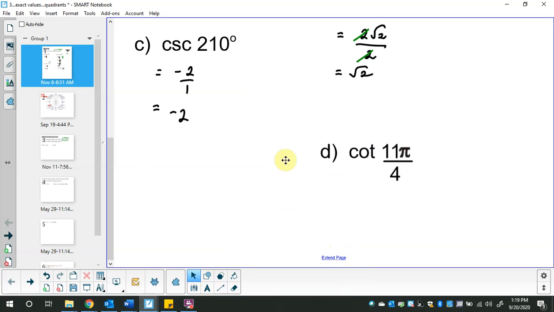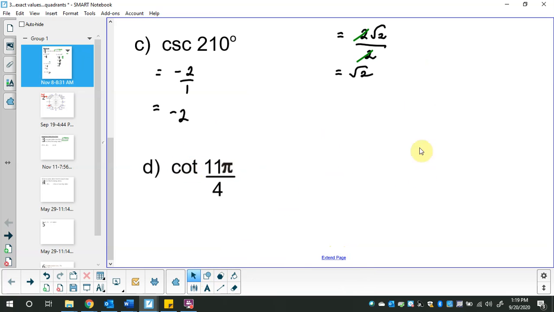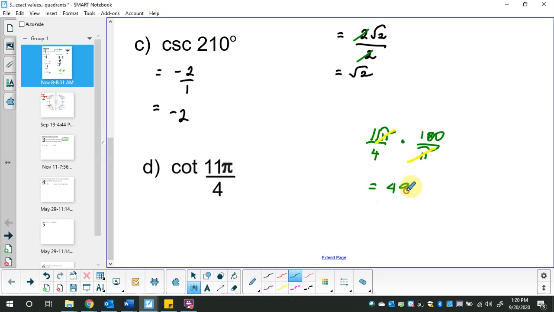Don't know how much room I'm going to use, so I'll put it here, and I have my scribble space. First up, 11 pi over 4, not on the unit circle, either in degrees or radians. My brain isn't working in radians today, so I'm choosing to convert it to degrees. So that's 45, 495, and I believe we did this actual radian to degrees before. 495 is not on the unit circle because 11 pi over 4 wasn't on the unit circle.